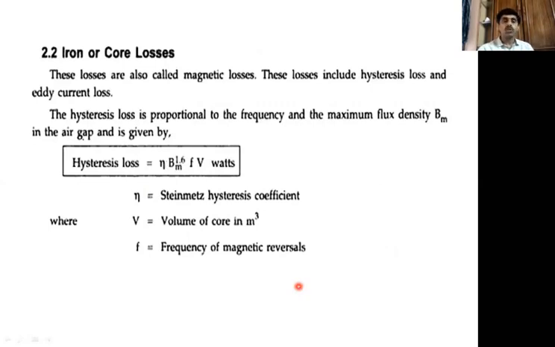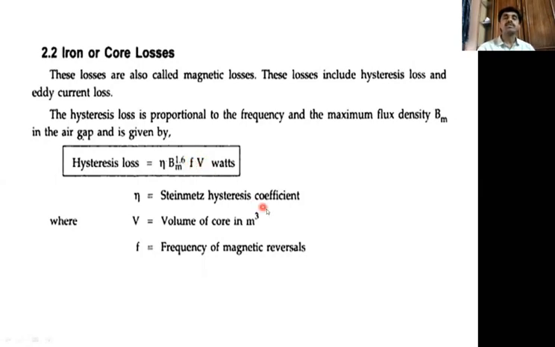Next, iron or core losses. These losses are also called magnetic losses. They include hysteresis loss and eddy current loss. The hysteresis loss is proportional to frequency and maximum flux density in the air gap, given by the Steinmetz hysteresis coefficient into Bm to the power 1.6 into F into V, where Bm is the flux density, F is the frequency of magnetic reversals, and V is the volume of the core in cubic meters.